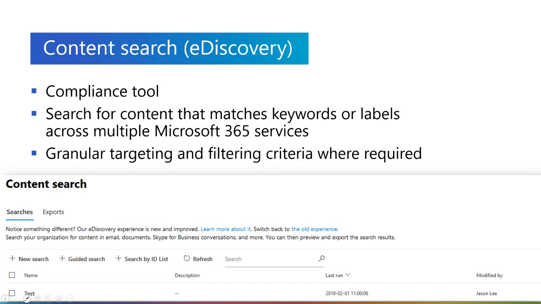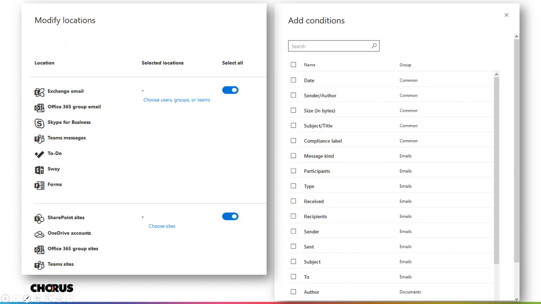I think Planner is probably the notable exception at the moment. Planner doesn't have great support for compliance tools, but certainly, you can see here, across Exchange, Microsoft 365 Groups, Skype for Business, Teams messages, To-Do, Sway, Forms, you've got pretty good coverage of how you apply these tools. You can also apply very granular conditions and filtering and targeting to really find the information you're looking for.